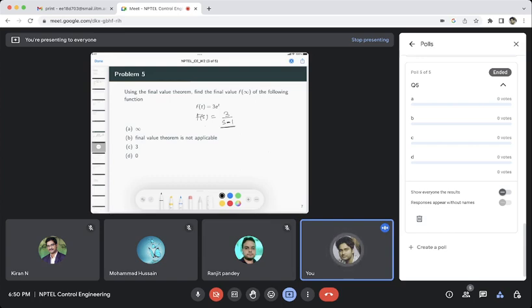The final value theorem says that f of infinity will be equal to the limit as s goes to 0 of s F of s. It's simply the limit of s times 3 by s minus 1 where s goes to 0. You can divide by s in both numerator and denominator, or simply, because s is 0, you can just put it in. What happens?